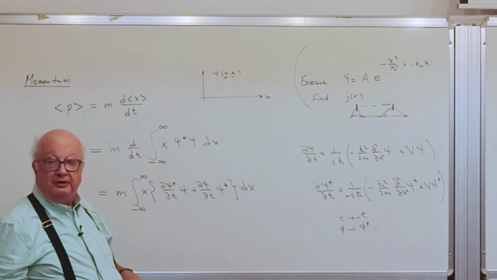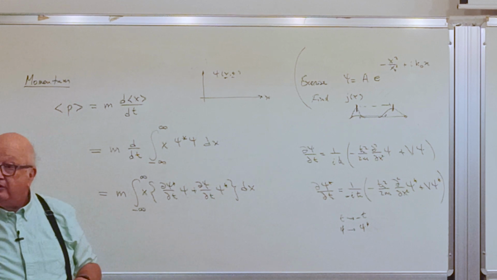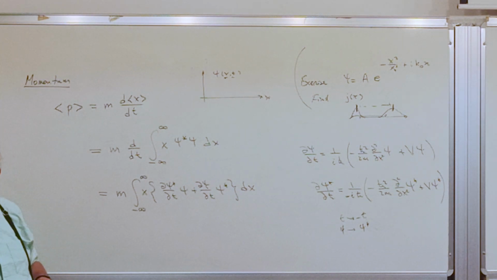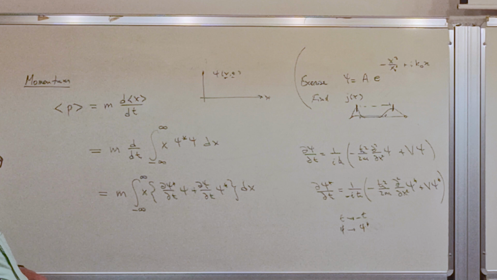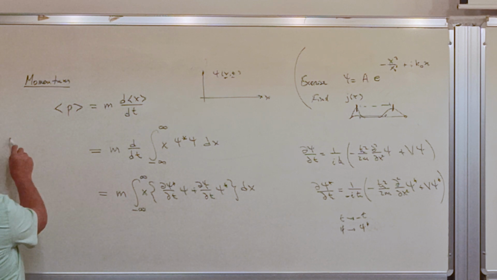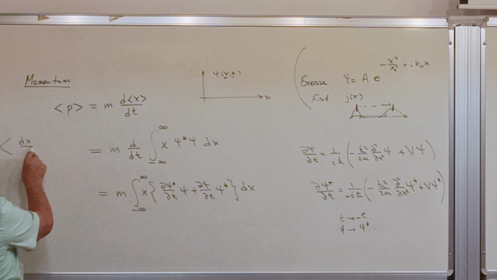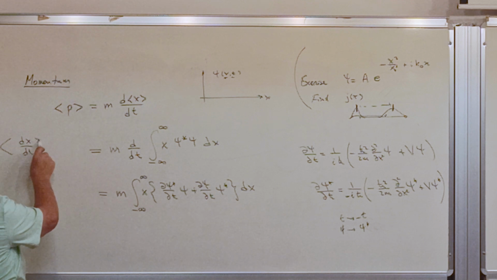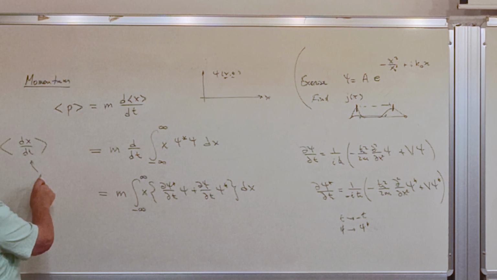Okay. Other questions? Yes. For calculating the momentum, why don't we take the expectation value of the derivative? Expectation value of the derivative? No, that would just give us 0, right? That's just what we discussed. If you look at something like dx/dt, or the partial derivative, this is just 0 because these are independent variables.